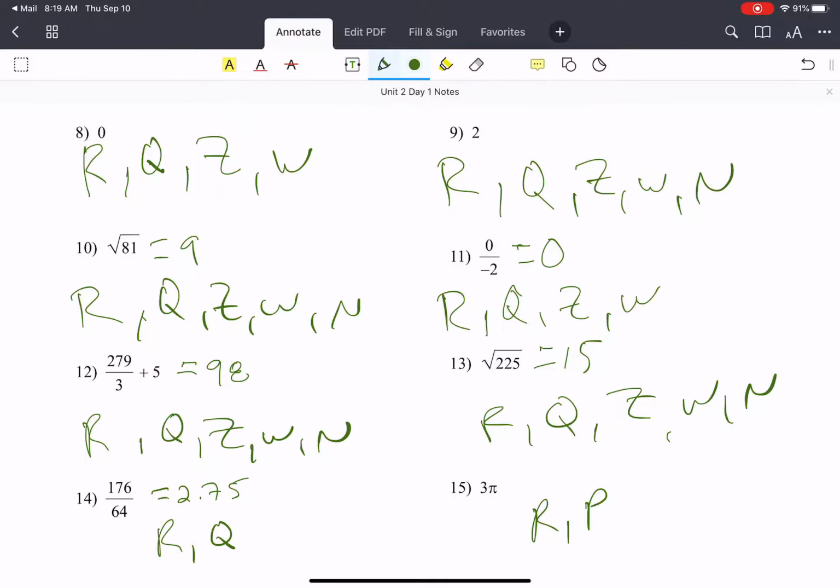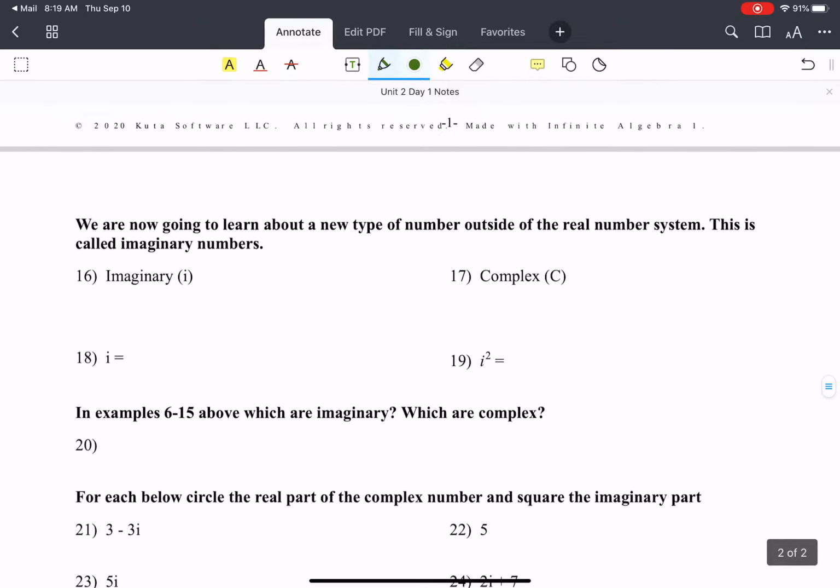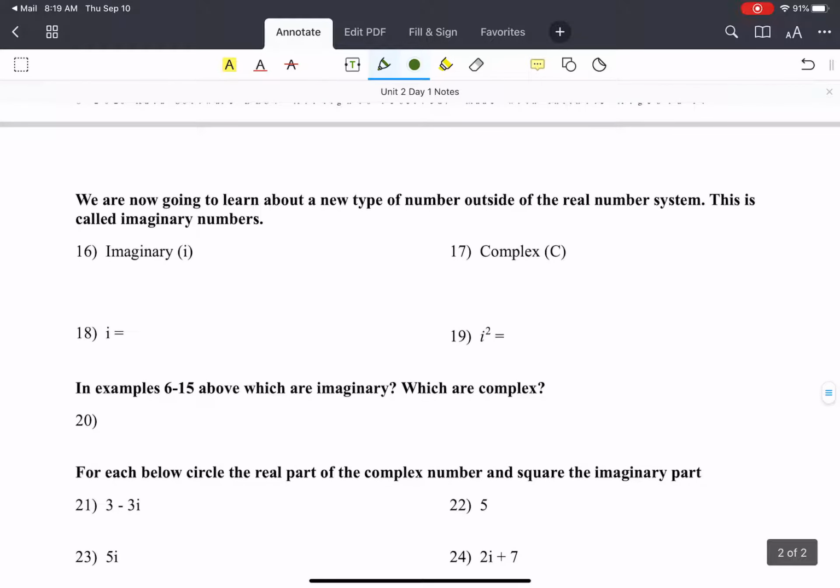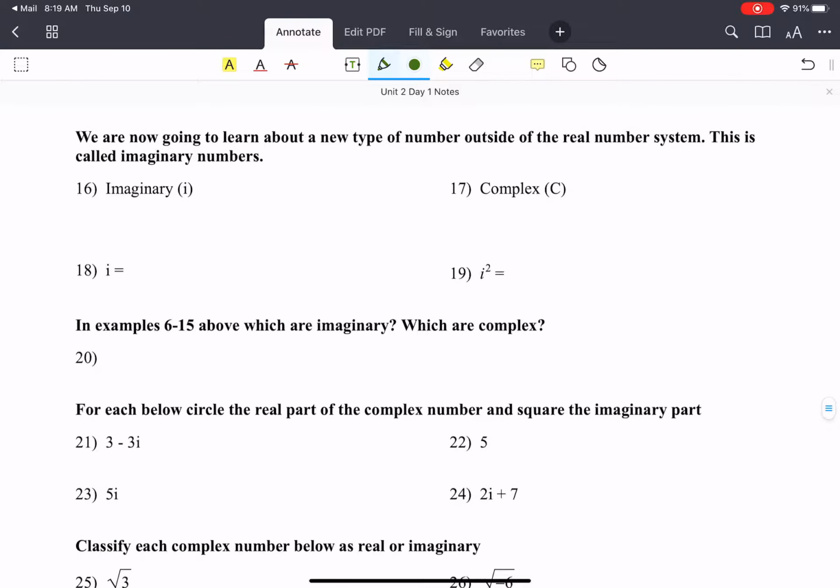We have another type of number called imaginary numbers. Now, funny story: the person who named them was Rene Descartes. He did a bunch of work with real numbers, and then some other dude realized these imaginary numbers also existed.